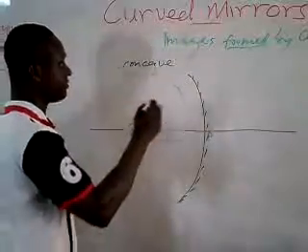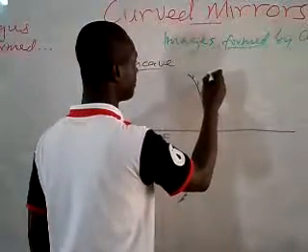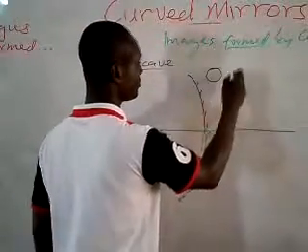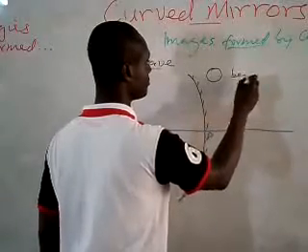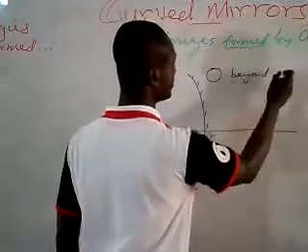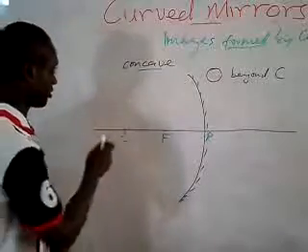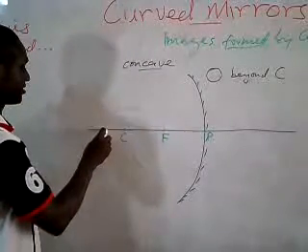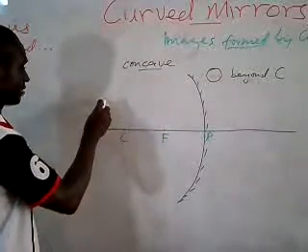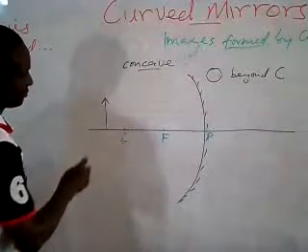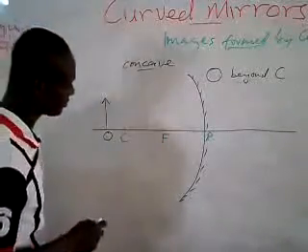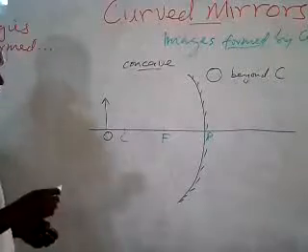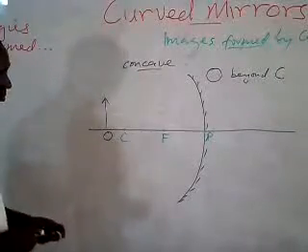For the first image formed, let's say object O is beyond C. That is, the object is placed beyond C. Let's place our object somewhere here. Then we follow the rules.